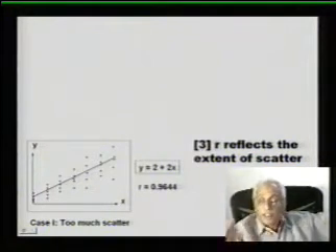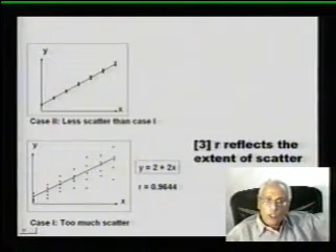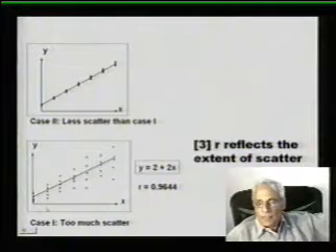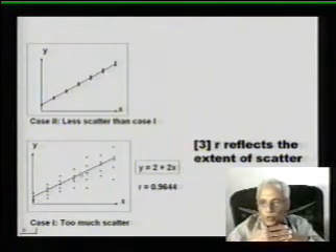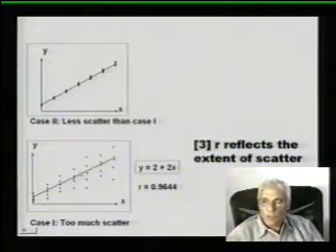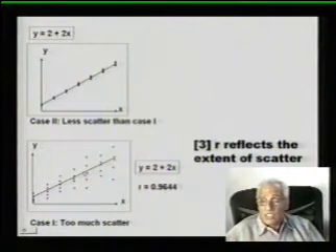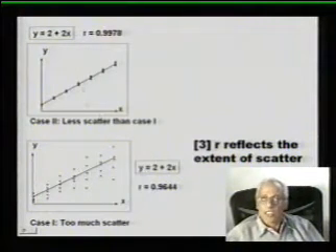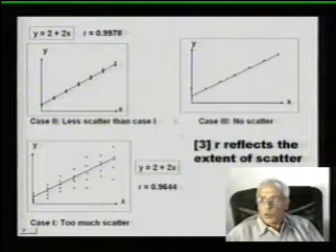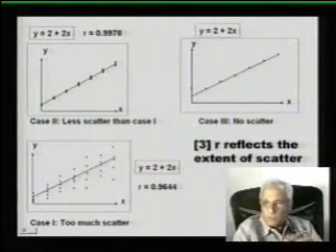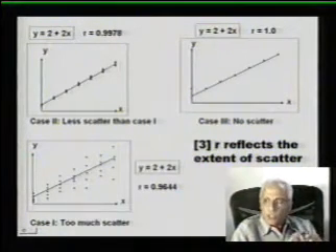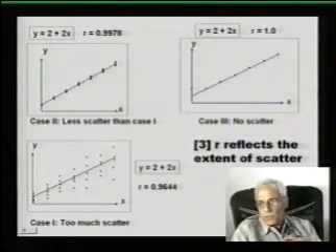If I redevelop the same relationship with data like this of less scatter, yet the average of y at each x is exactly the same as this one, meaning that I'm keeping the average value of y at each x value the same, I will have the same linear relationship, but the r value will be much greater. Why? Because I have less scatter. Here is a case where we have no scatter and we will have a perfect r. So the r value is a good reflection of the scatter in the data, and that's extremely important to understand.